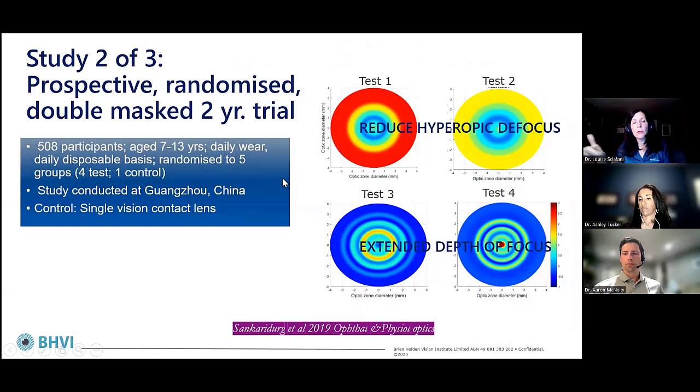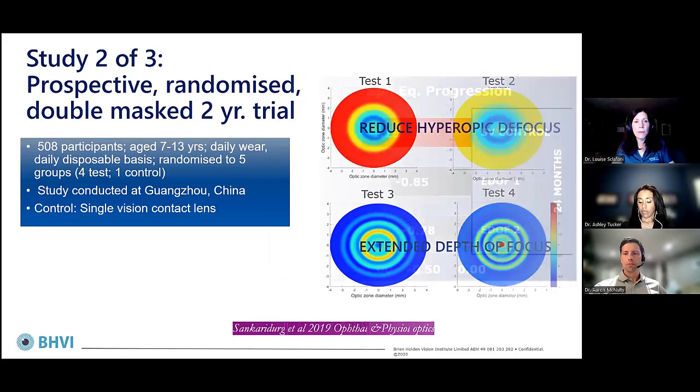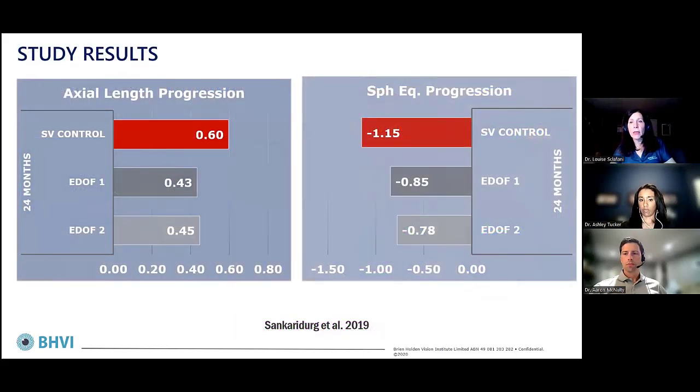And then this is a prospective randomized study of 508 patients aged 7 to 13, a classic study group for myopia management. It looked at two different extended depth of focus Brian Holden lenses, and it also looked at some center-distance myopic lenses that offer hyperopic defocus.